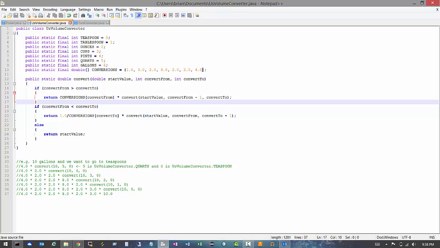To go from gallons to quarts, I multiply by 4. Quarts to pints, I multiply by 2. Pints to cups, I multiply by 2. Cups to ounces, I multiply by 8. Ounces to tablespoons, I multiply by 2, and so on. And it'll work no matter where I start and where I end.